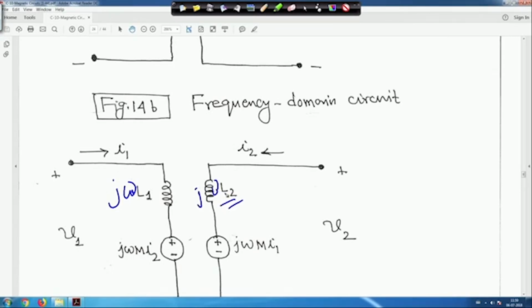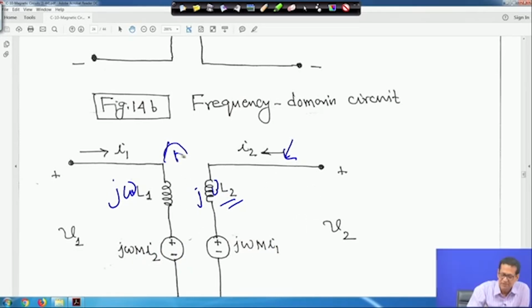This is the reactance of coil 1, and because of the current I2 a voltage will be induced, and this is your mutual inductance M. So it will be plus or minus j omega M I1. Now, just hold on, this is understandable, right. Instead of L1 I use reactance and this current I, so the voltage is here, and easily you can find out what the current will be, right.